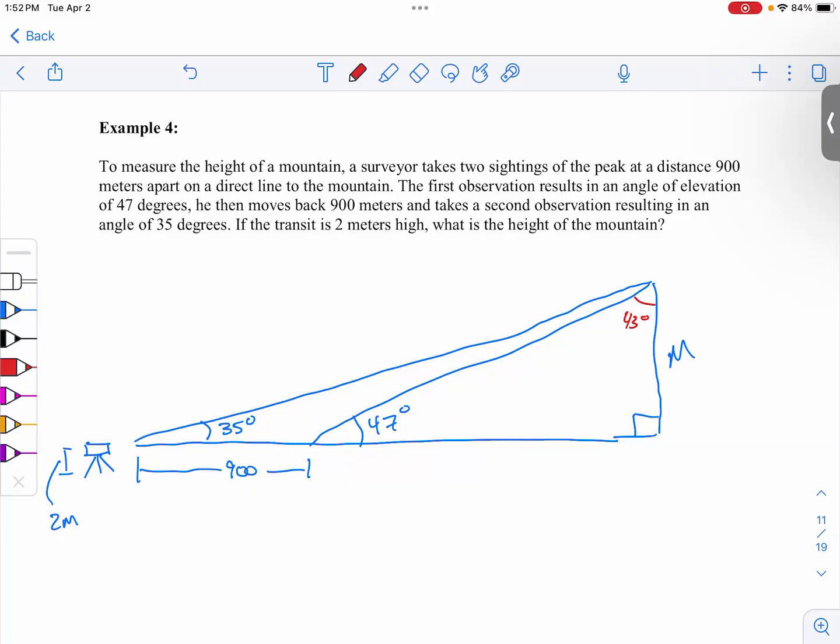We're always doing complementary angles, but we don't talk about supplementary angles nearly as much. So that plus whatever that is equals 180. And whatever that is, 180 minus 47, is 133. Now, do I know that guy? Yeah, because now I have 35 plus 133 minus 180, and that number is 12.